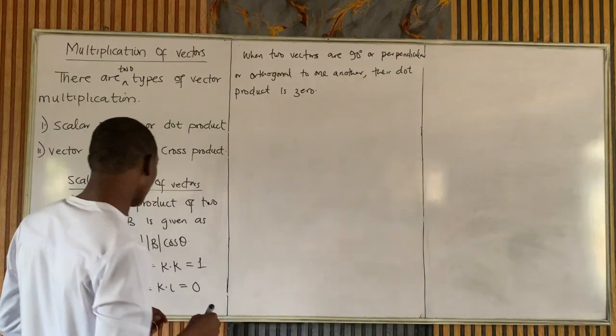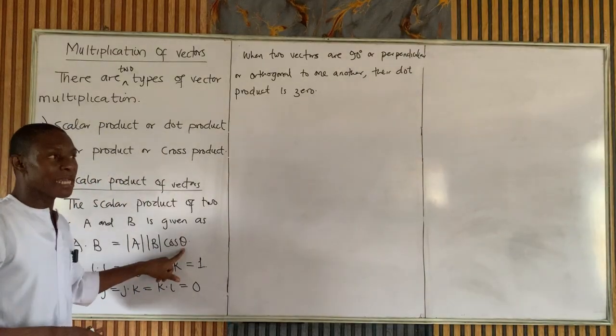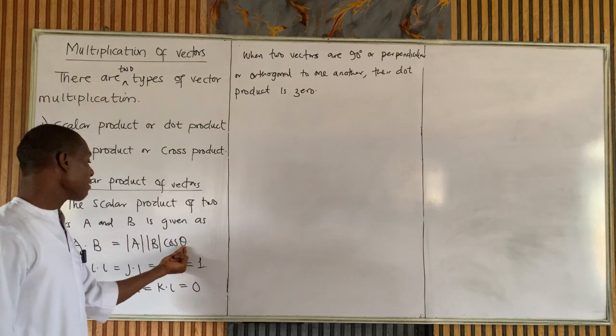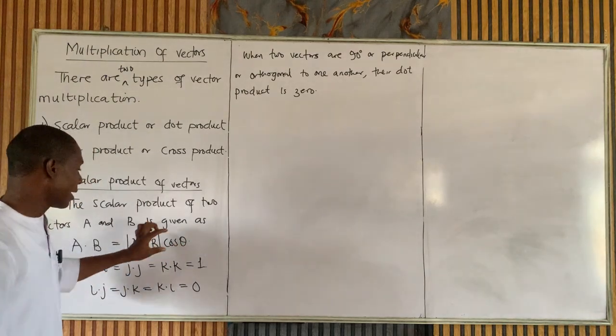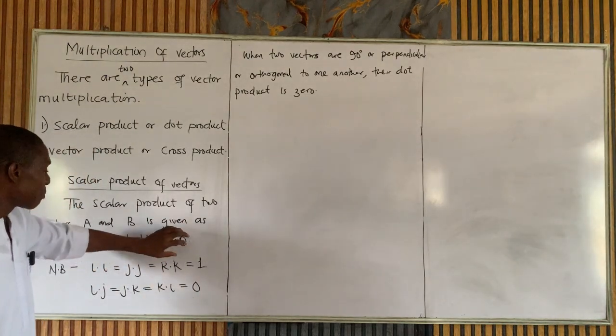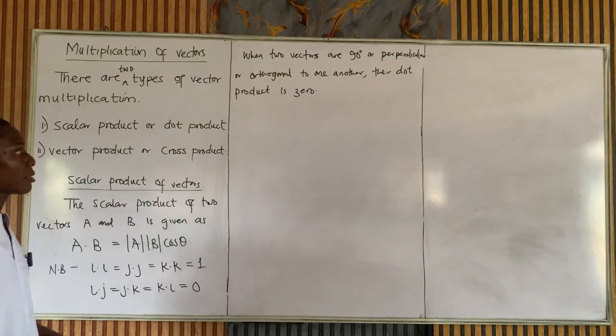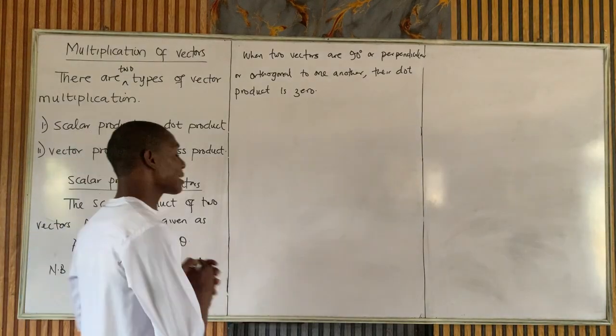And that's simply because this angle here is the angle between the two vectors A and B. Now, if this is 90 degrees, obviously cos 90 degrees is 0. It makes everything here 0. That's why their dot product will give you 0. Take note of that. Let's take an example now.